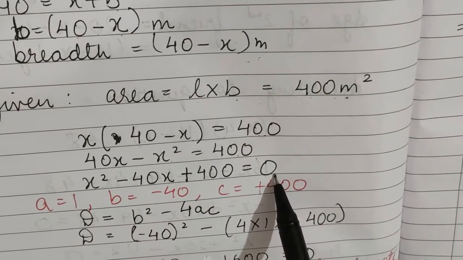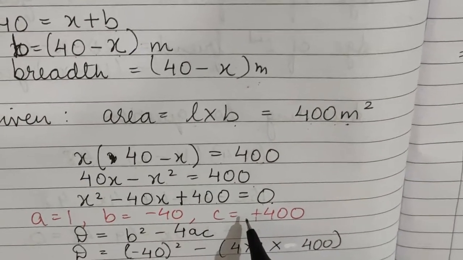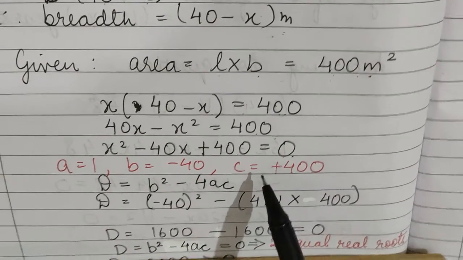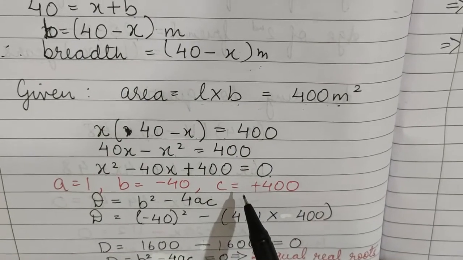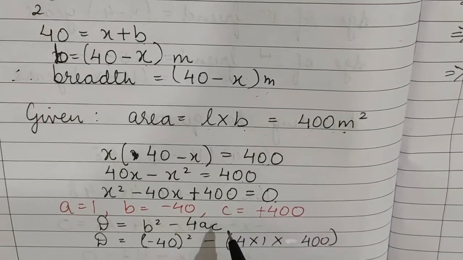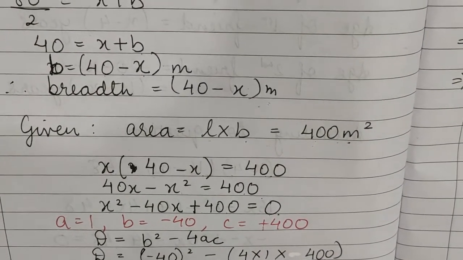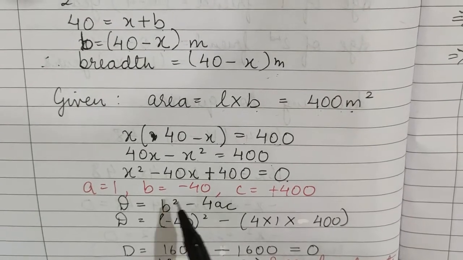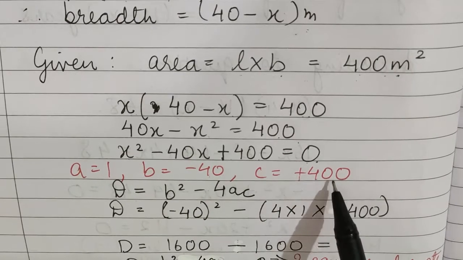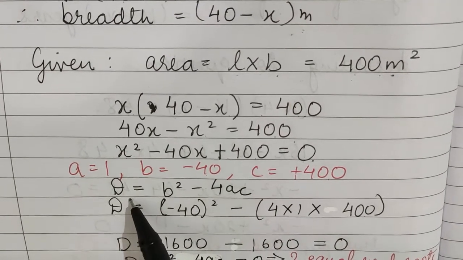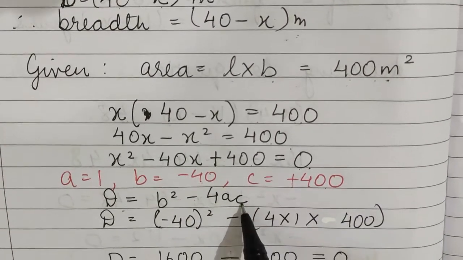Now to find out whether the situation is possible or not, let us first see whether the roots exist or not with the help of the discriminant. A is 1, B is minus 40 and C is 400. What is the formula of the discriminant? B square minus 4AC.